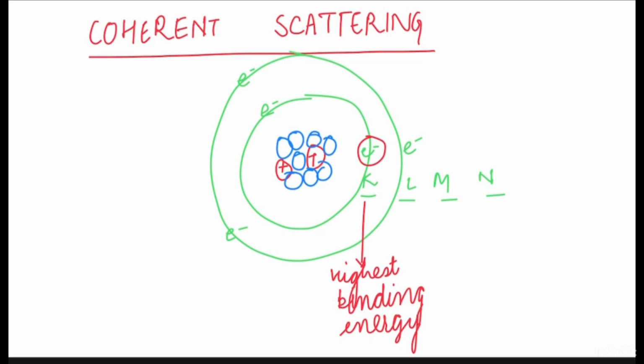It requires more energy to eject this electron. So this is the binding energy. K shell has the highest binding energy, and the lowest binding energy will be with the N shell.